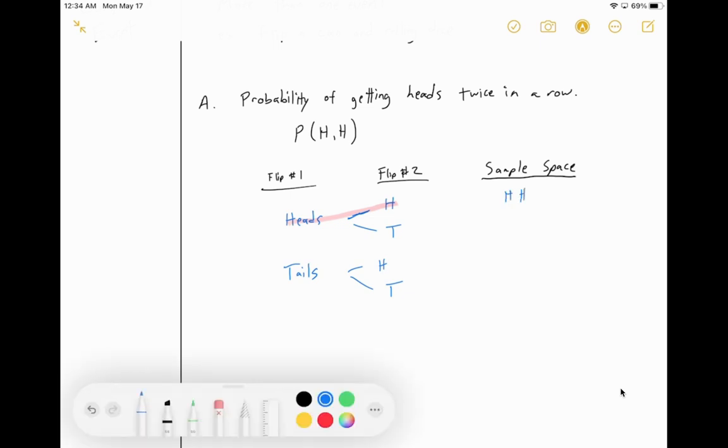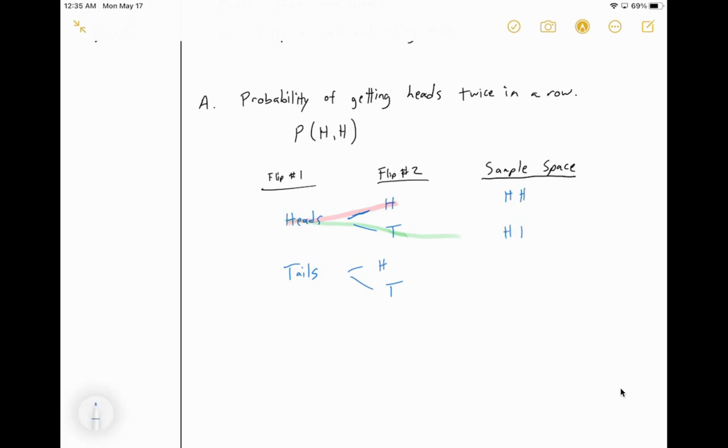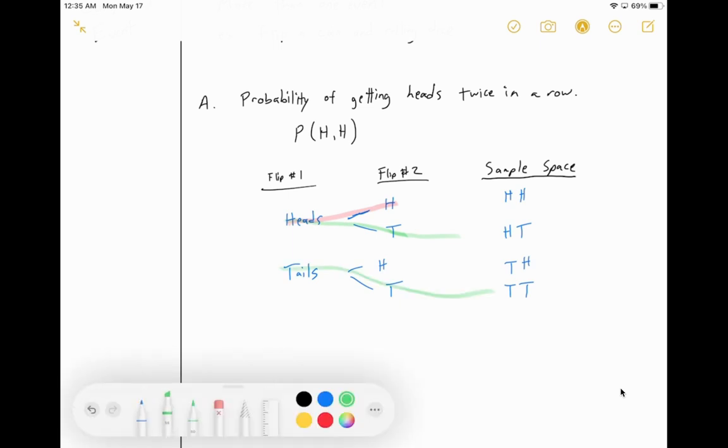If I follow another path, I follow this path, I end up with heads and tails. This one I would get tails and heads, and this one I would get tails and tails. So again, just follow the paths. Here's tails and tails. This is tails and heads.